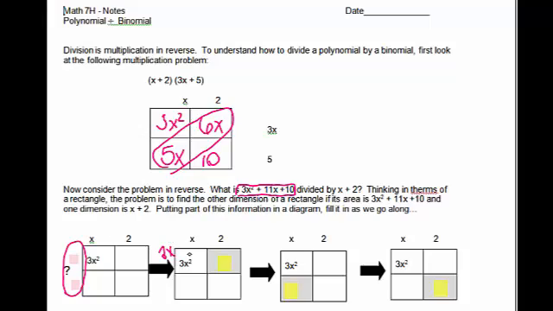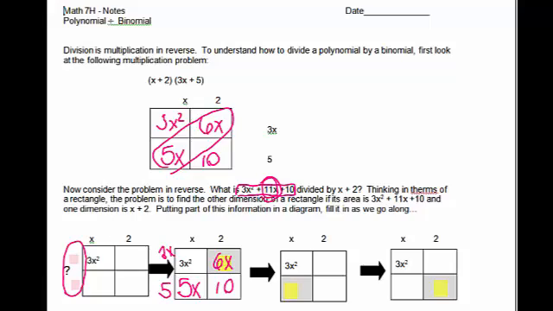And then that 3x times 2 would give me a 6x. And I know that I need 11x, so therefore I know this has to be a 5x, which means the other part of the dimension has to be a 5, and that gives me my 10. And that's kind of what walks you through this diagram.